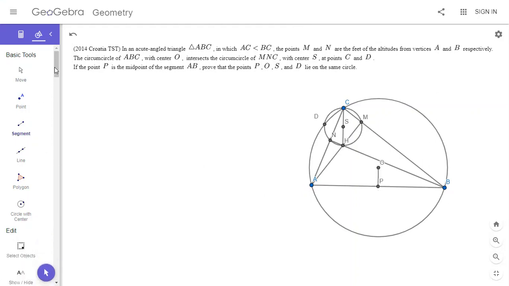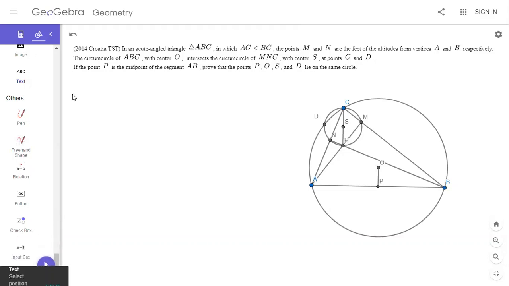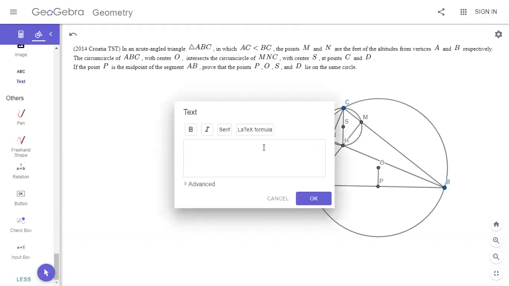I use that in both this problem and the last. So first I'm going to write out, we have SO, it's perpendicular to CD. The two centers.